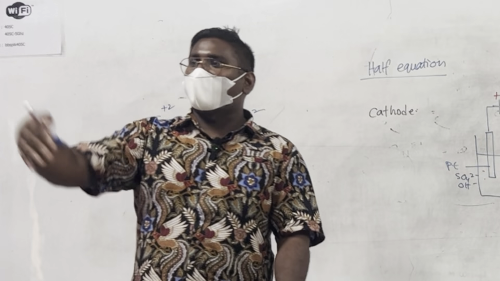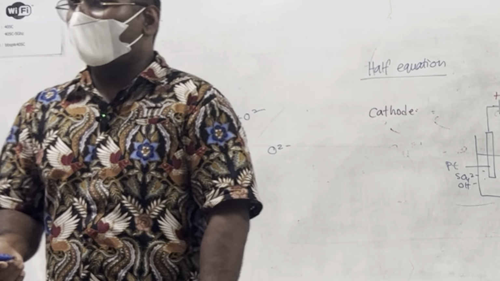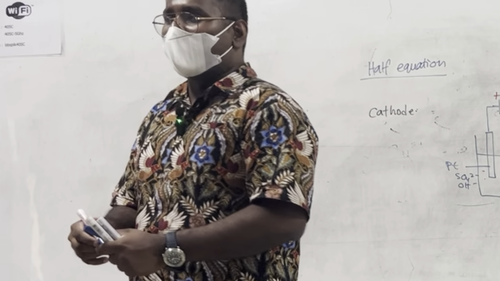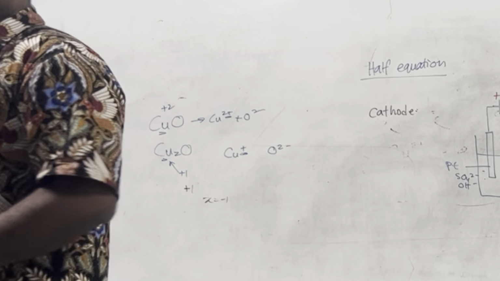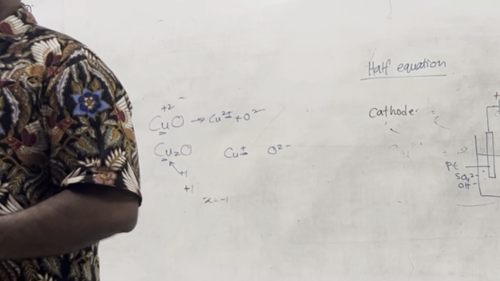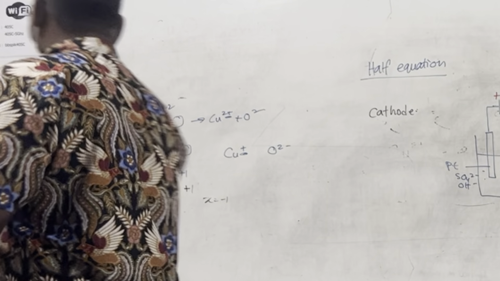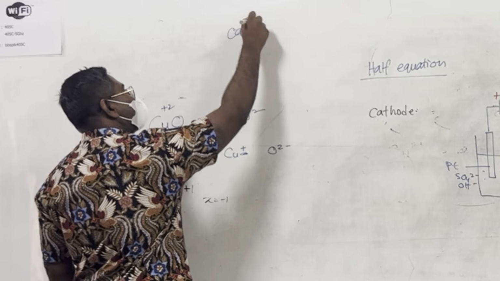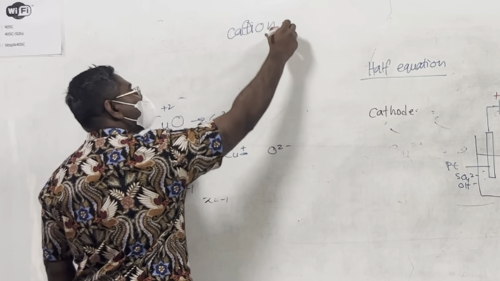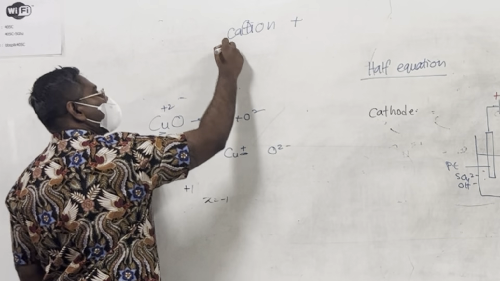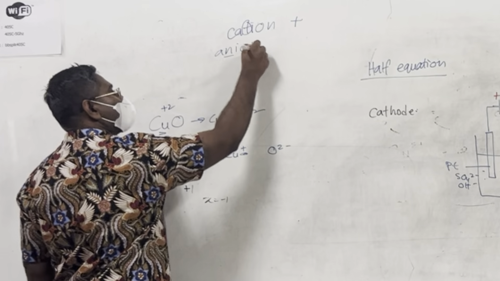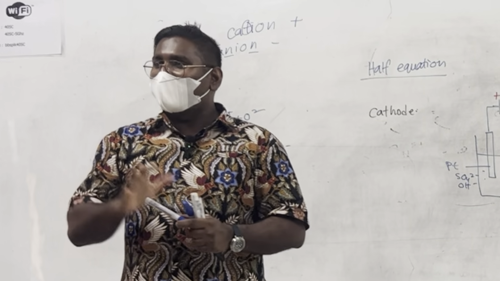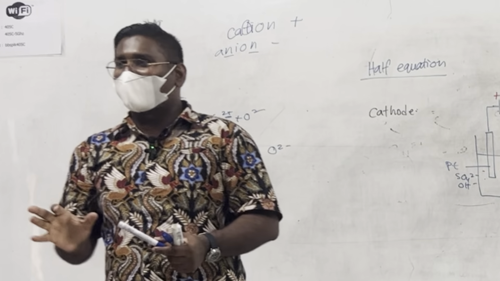Okay, now, positive and negative ions, they are known as what? Positive ions in chemistry, they are known as? Start from the ion first.